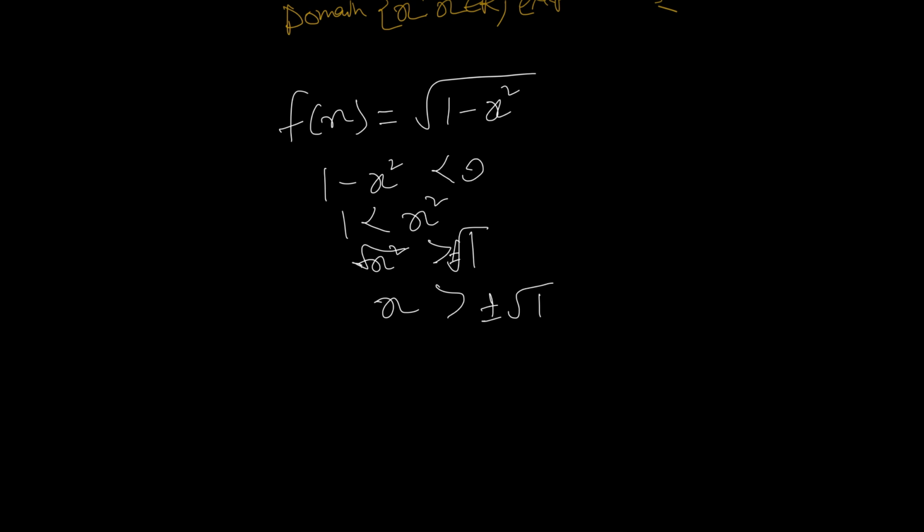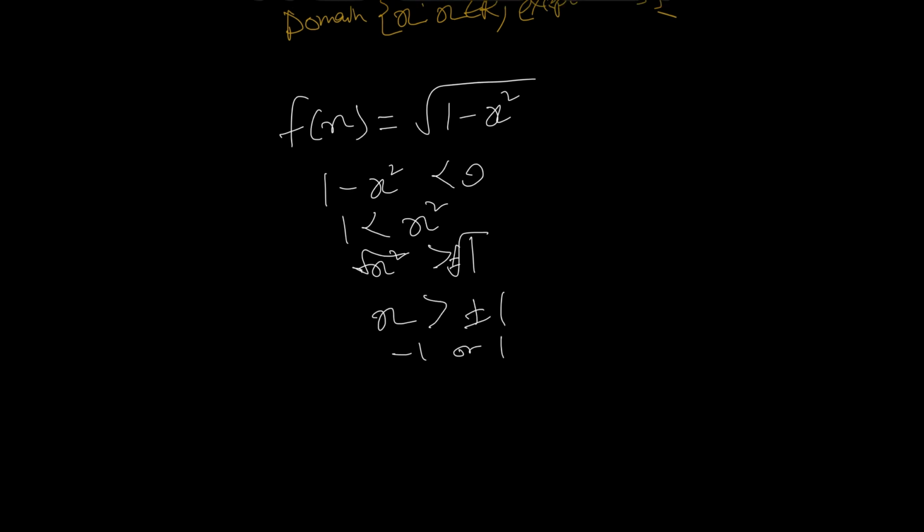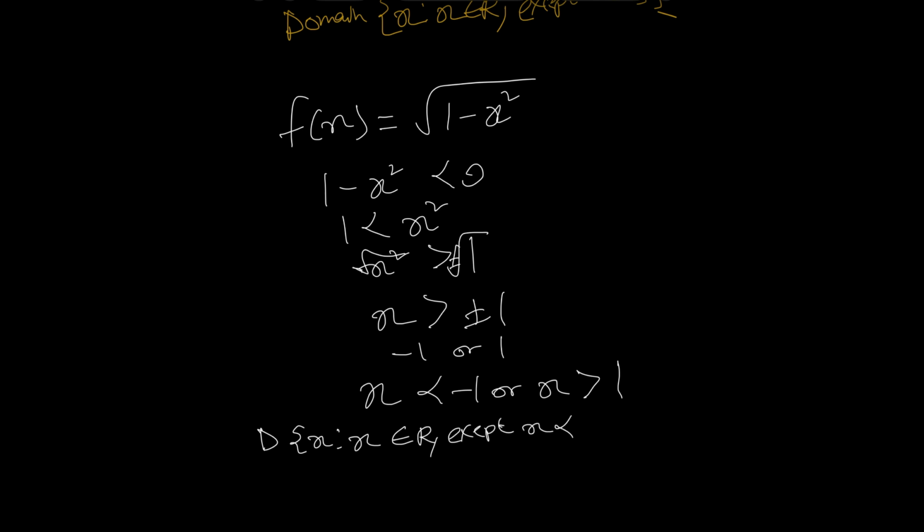From solving linear inequalities, this becomes x is less than negative 1 or x is greater than 1. This is our exception, meaning that the domain is x such that x is a member of all numbers except x less than negative 1 or x greater than 1.